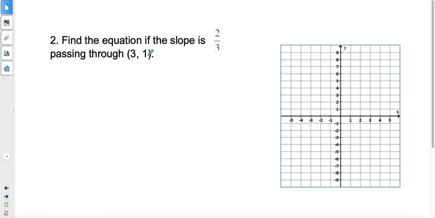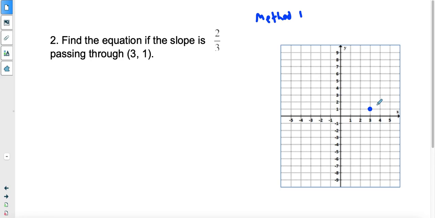So we looked at two different ways we can do this. Again, the first method we looked at is by graphing it out. So let's try that here. So let's graph the point 3, 1. Again, this point means when x is equal to 3, y is equal to 1. So there's my point.